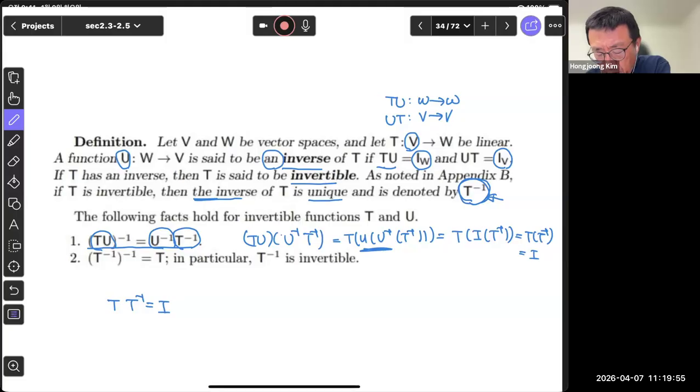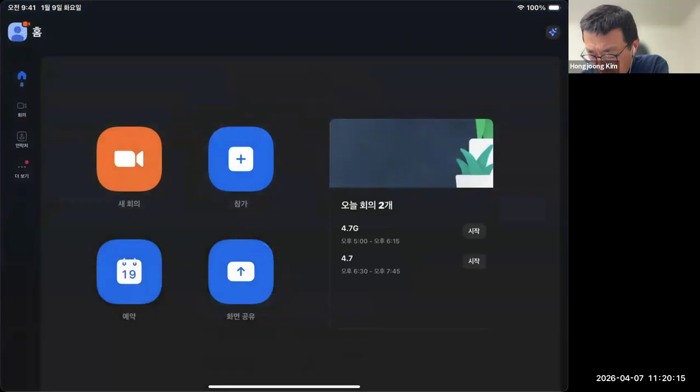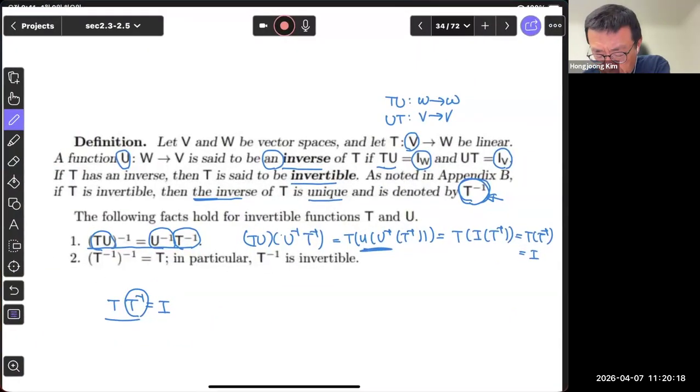So if I interpret the left hand side in terms of T mapping, this guy on the right is the inverse of T, right? But if I interpret the left hand side in terms of T inverse, then the guy on the left will be the inverse of T inverse, right?